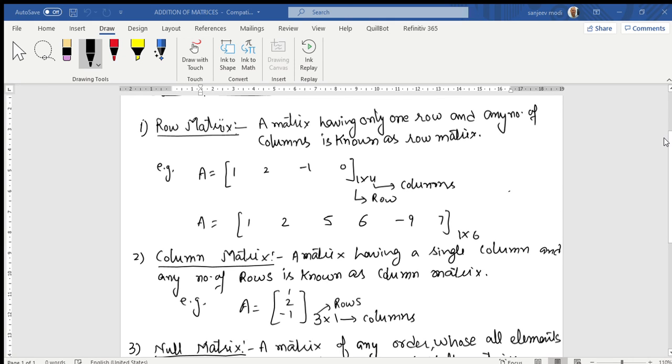Suppose let's take an example. Here we have a 3 by 3 matrix.